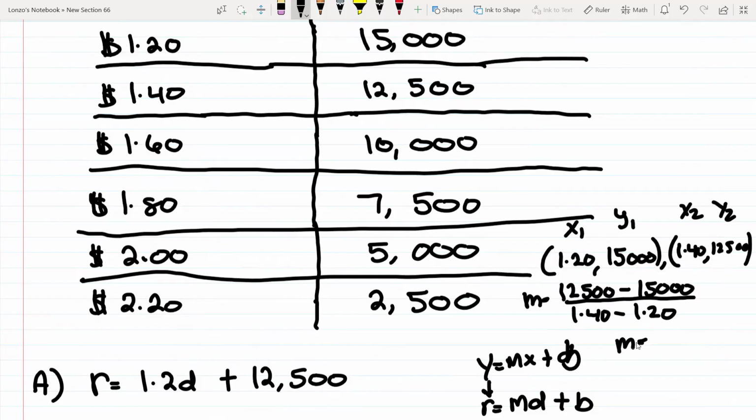When you put it all together, 12,500 minus 15,000 is negative 2,500, and 1.4 minus 1.20 is 0.2. So I get m equals negative 12,500.